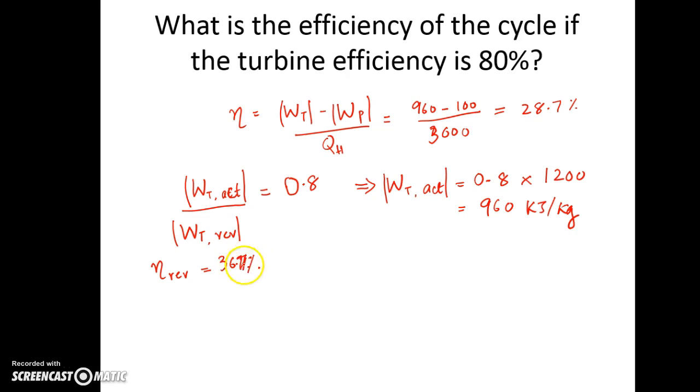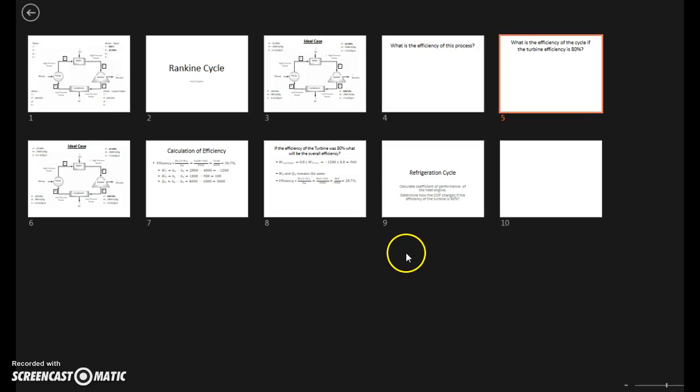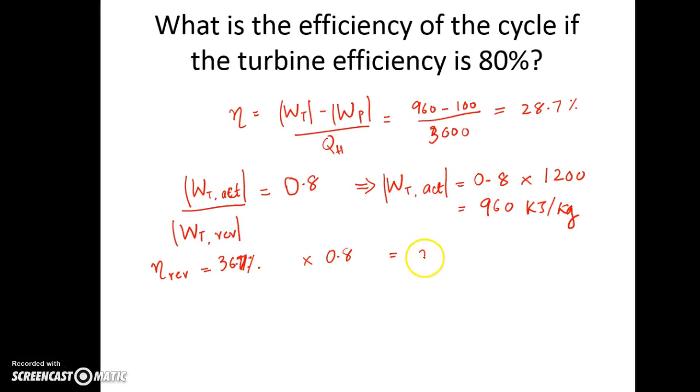If you multiply 36.7 by 0.8, we get 29.36%, which is not the same as the efficiency of the irreversible process.